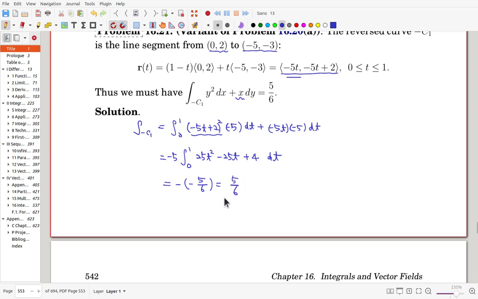So that's exactly the negation of the integral over C1, right? Okay, so once you consider the reverse curve, then for such integrals with respect to coordinate variables, the answer must be the negation of the original one.